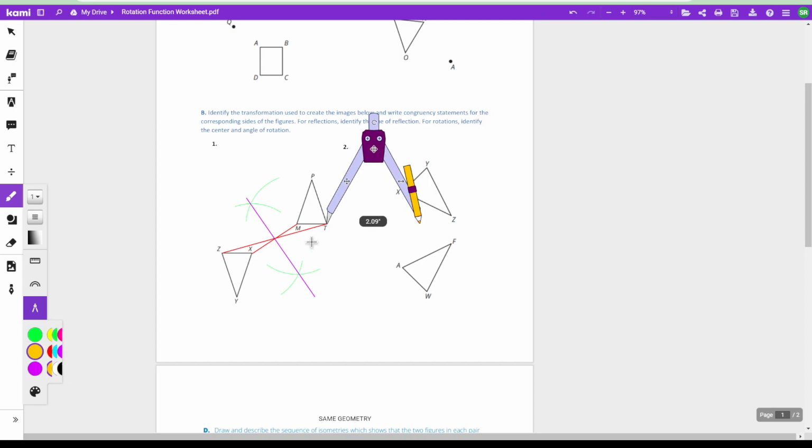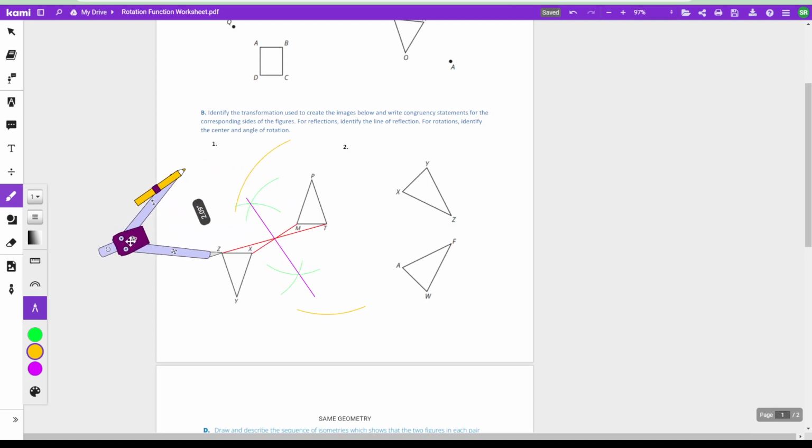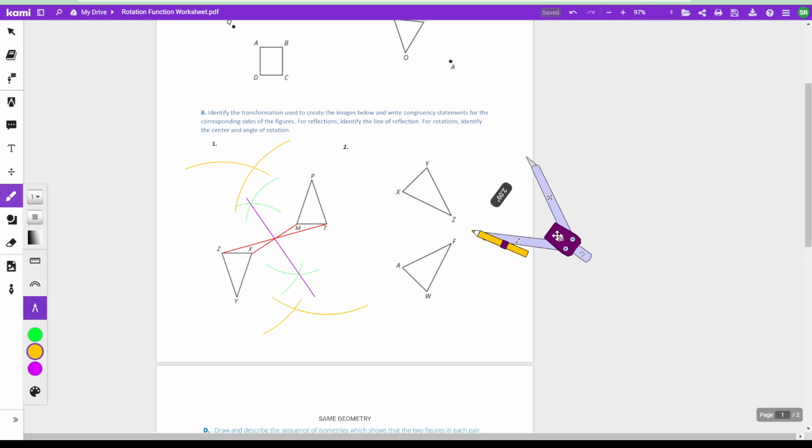And here I'll make my arcs orange. And of course, I did not draw my arc far enough, so I got to go back. Okay. And now I'm going to connect those intersections with a line segment.